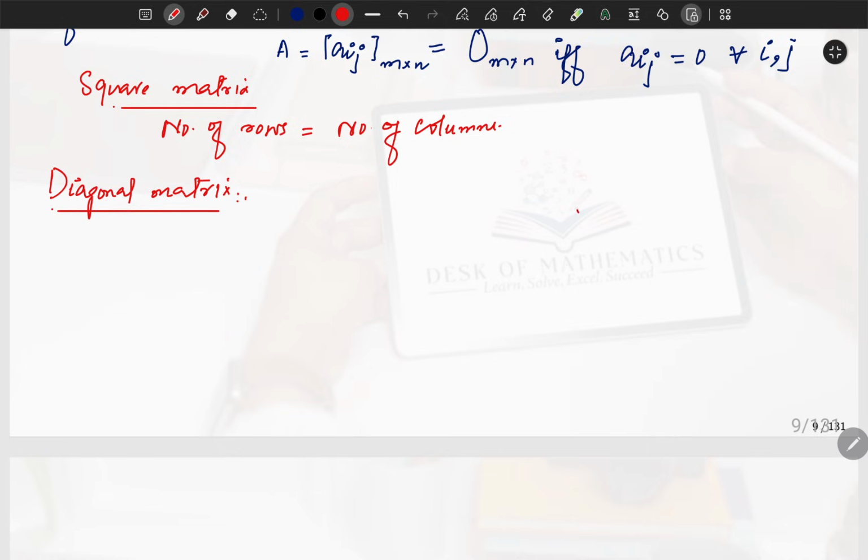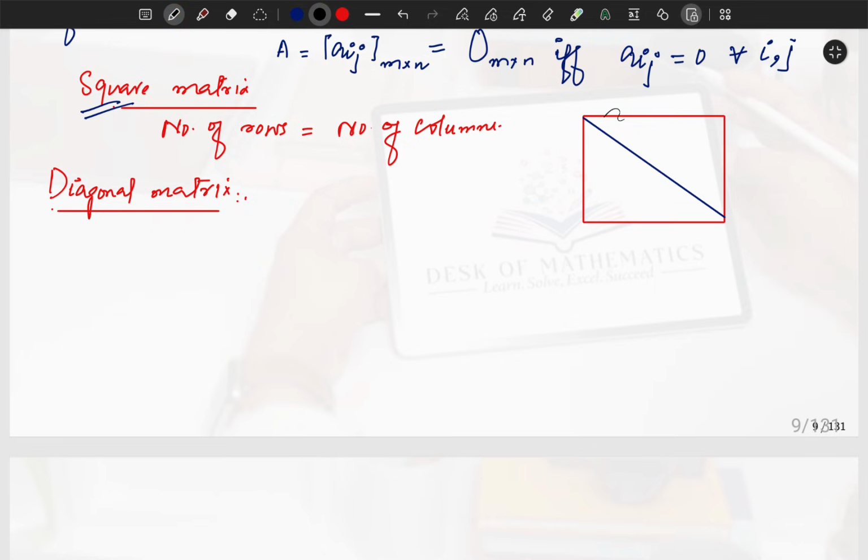So for example, if you have a rectangle or a square like this and you want to draw the diagonal, so this is the diagonal. So what is the diagonal matrix? As you know, the matrix is the rectangular arrangement of the elements. Now we have the square matrix, meaning the number of rows is equal to the number of columns, so you can draw the diagonal in this way. So what is a diagonal matrix?